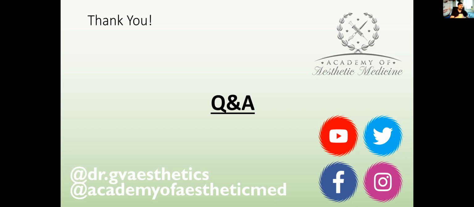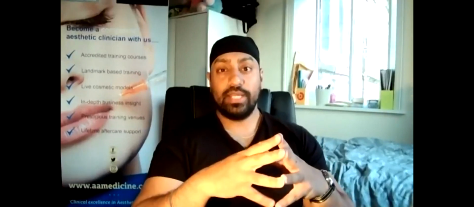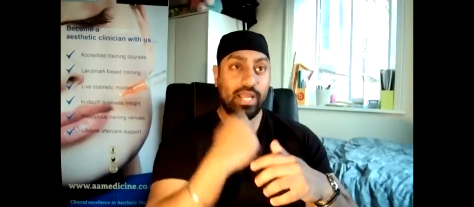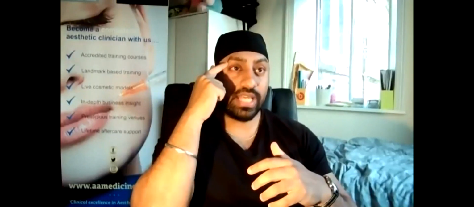Hi, Julia. Can you explain how to do a brow lift with filler? Let me try and get it so you can see me actually. With the filler, what you want to be doing is injecting into the lateral brow. If you look at my eyebrow over here, you can see it's a slightly high arch, and then the tail runs down.